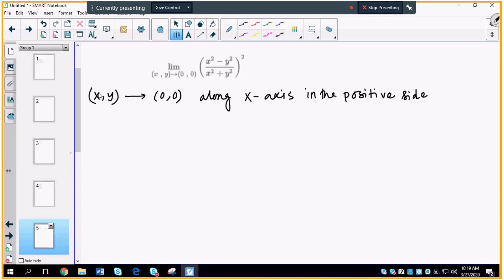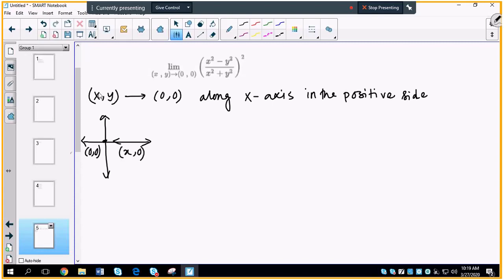What happens? Well, think about your Cartesian coordinate system of 2 dimensions. If you're approaching the origin 0 comma 0 from the right on the x-axis, then the points are of the form x comma 0.